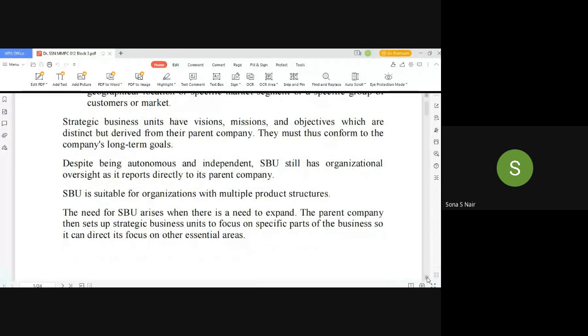And basically, in the definition, generally it is the division of a multiple product firm which is called an SBU. But the concept of SBU says that it can be anything in the organization, any department, any particular segment of the organization which has been given the independence, autonomy, authority to take their own strategic decisions, but well within the setup of the organization, the main organization.